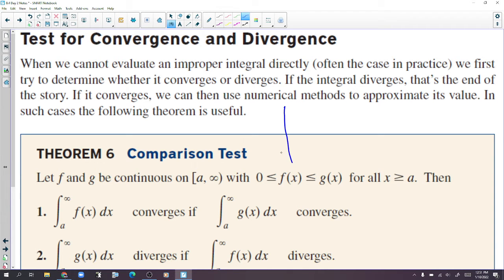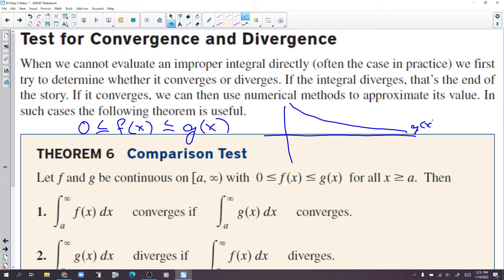Now, what this theorem says is if you can show that f of x is always less than g of x, then let's say g of x decreases very quickly. There's your g of x, and f of x is always below.